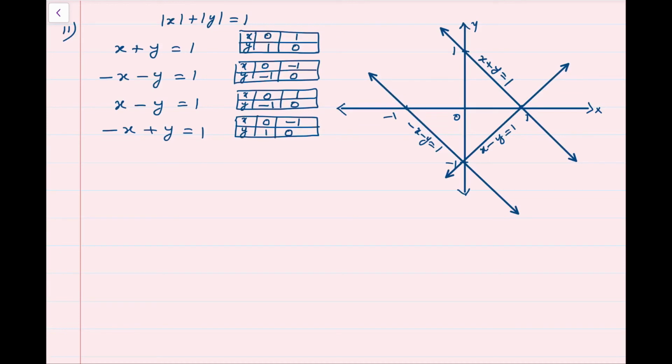And the fourth line passes through 0, 1 and minus 1, 0: minus x plus y equal to 1. We have to find the area bounded by these lines. And the area is symmetric about x and y axes. Therefore, we will calculate this one area and multiply it by 4.